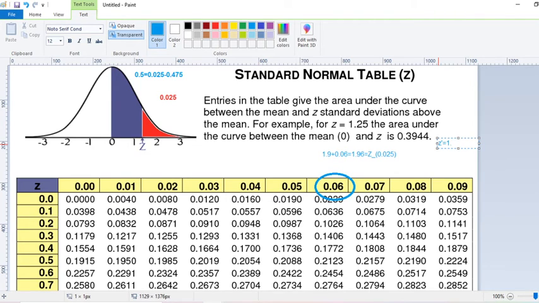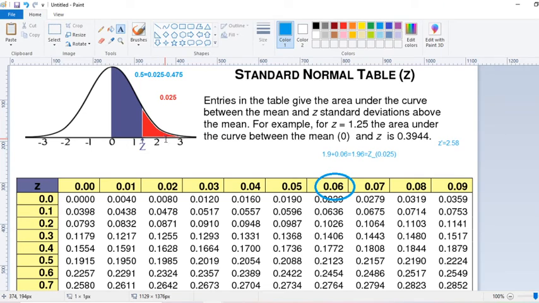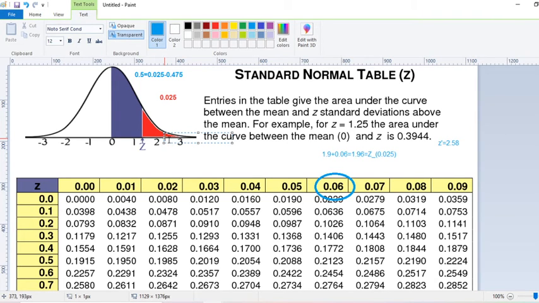Suppose you have calculated the value of Z dash as 2.58. So where will the value associated with 2.58 be? You can look at this figure, after 2 and before 3, 2.58 will be somewhere here.